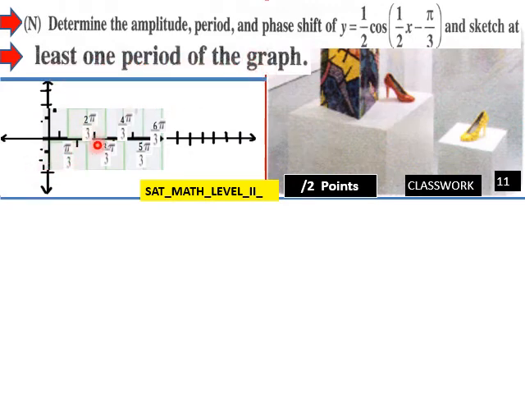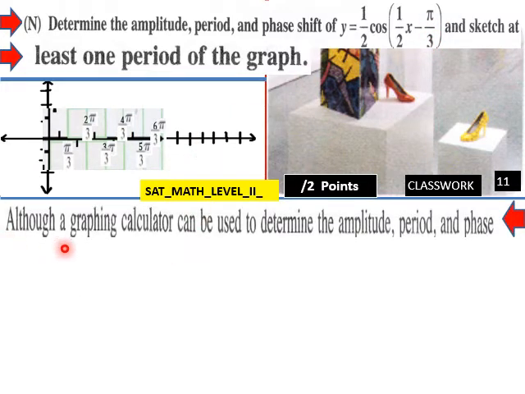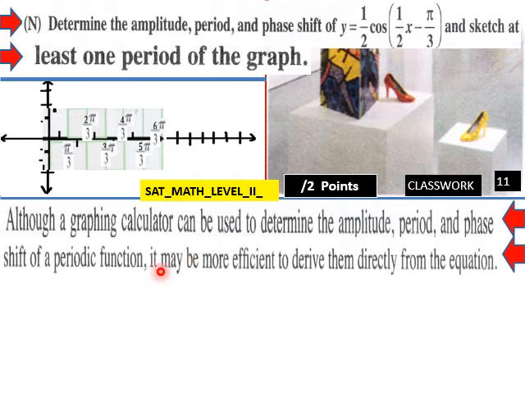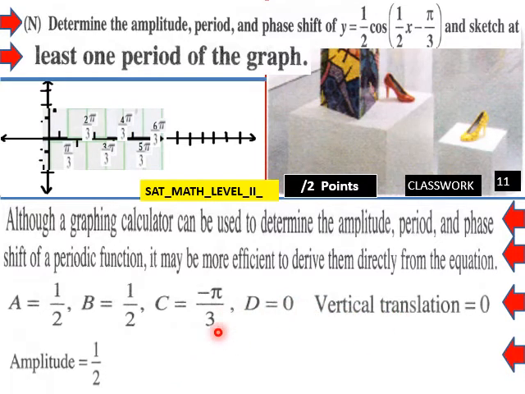Although a graphing calculator can be used to determine the amplitude, period, and phase shift of a periodic function, it may be more efficient to derive them directly from the equation. So a equals 1/2, b equals 1/2, c equals negative pi over 3, and then our d will equal 0. So that would be our vertical translation.